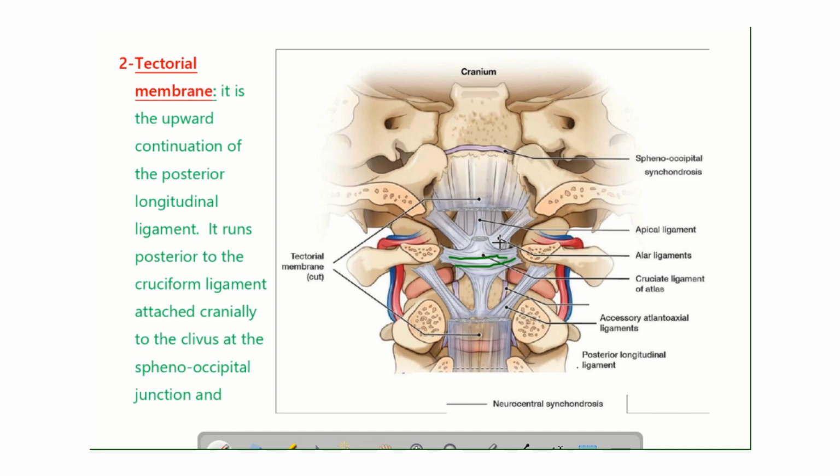This is the alar ligament, which connects the sides of the dens with the base of the skull. This is the tectorial membrane, that is the continuation of the posterior longitudinal ligament, which lies in the vertebral canal behind the vertebral bodies.